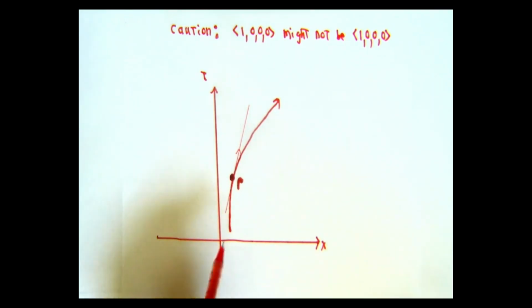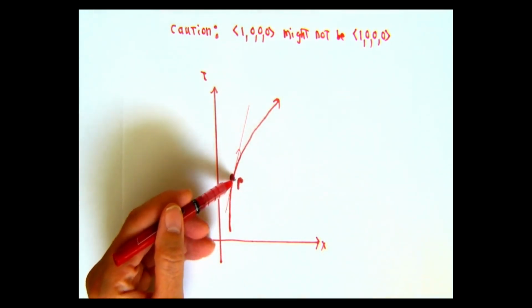We could say, since this is the tangential direction, I'm going to think of an inertial frame whose time axis is parallel to that tangent line. We've already seen in the past how to construct the entire coordinate system. So there is a frame of reference, an inertial frame of reference, in which right at point P, the individual is at rest.